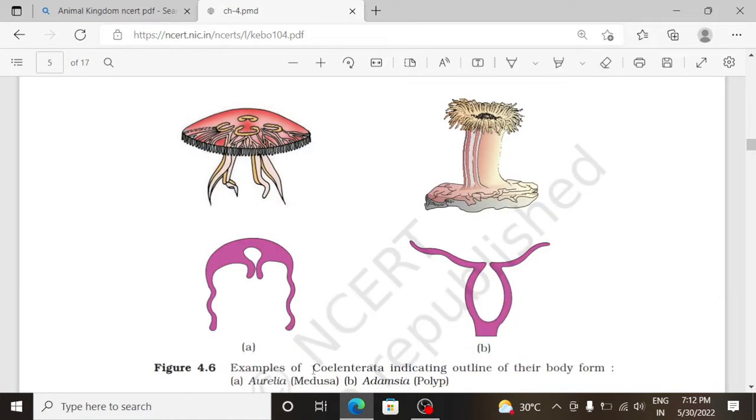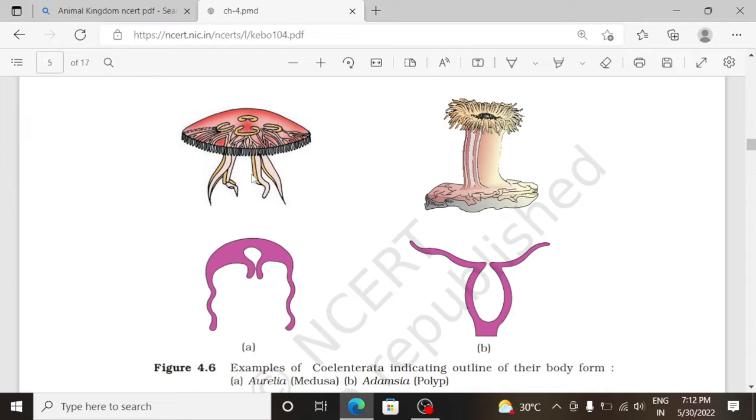These are the examples of Coelenterata, indicating the outline of their body form. First is Aurelia, that is called Medusa. I thought these were four diagrams, but no, this is the outline form of the body. This diagram has its outline form like this, and this diagram has its outline form like this.